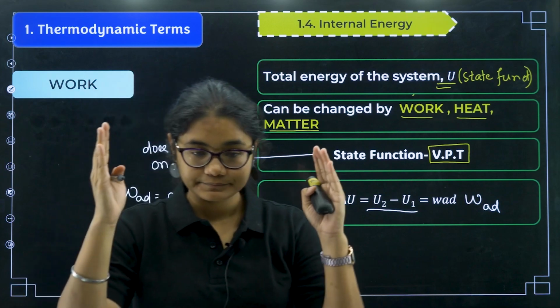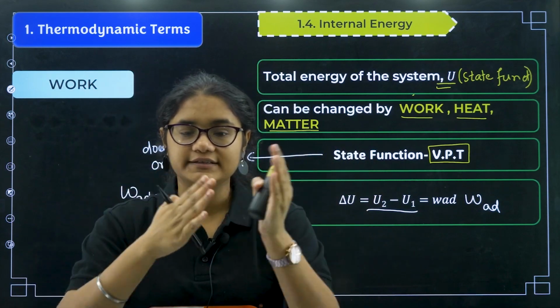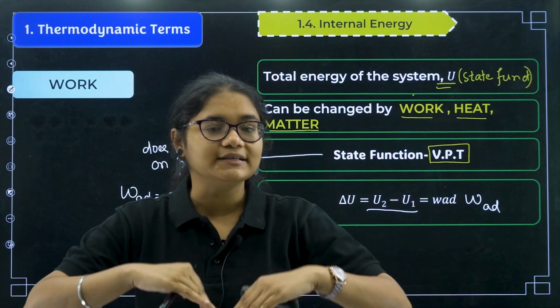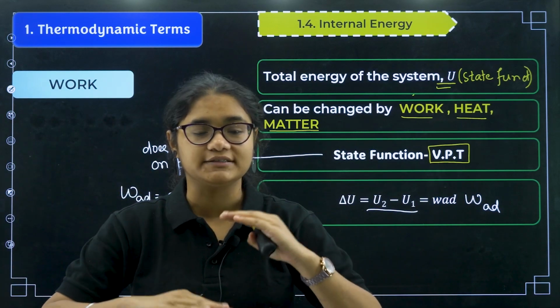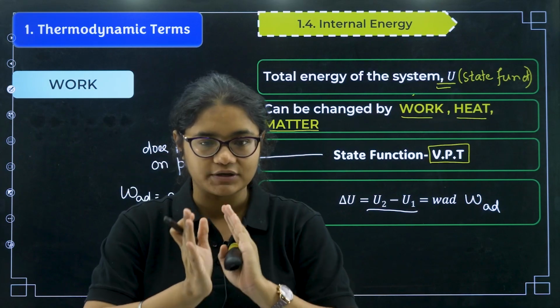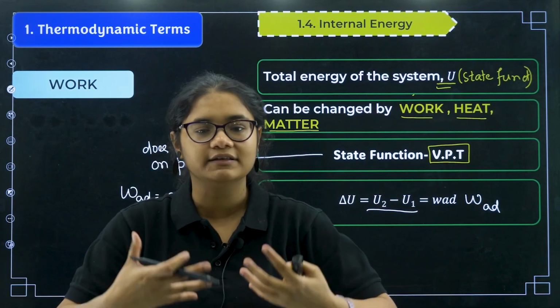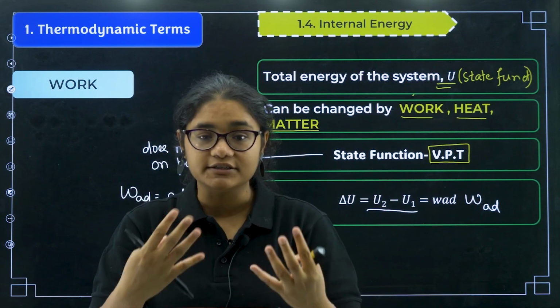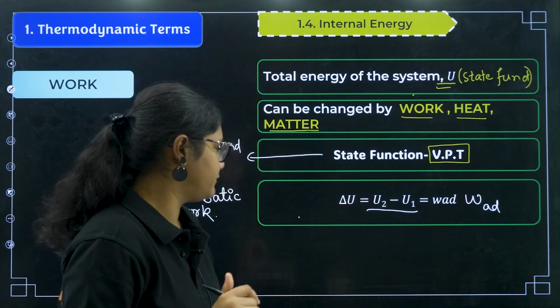Now see, when you did this churning and all, we took insulated walls, meaning there is no exchange of heat between system and surrounding. So due to this, when you churned it, obviously the temperature has risen for those particles, the energy of the particles has risen. Now see, very simple thing.